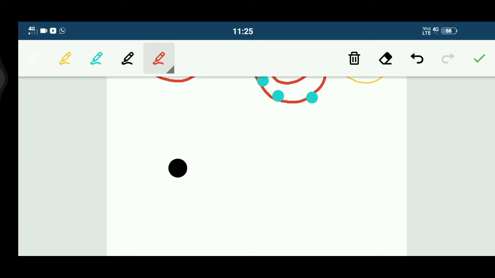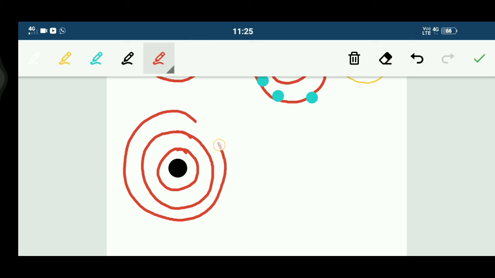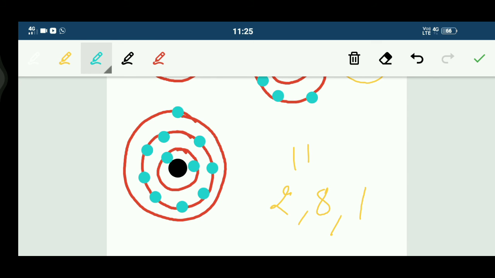Now coming to sodium. For sodium, we have to make 3 shells. Fine, children. So what is the electronic configuration of sodium? What is the atomic number? 11. So it becomes 2, 8 and 1: 2 in the innermost, 8 in the second, and 1 in the outermost.